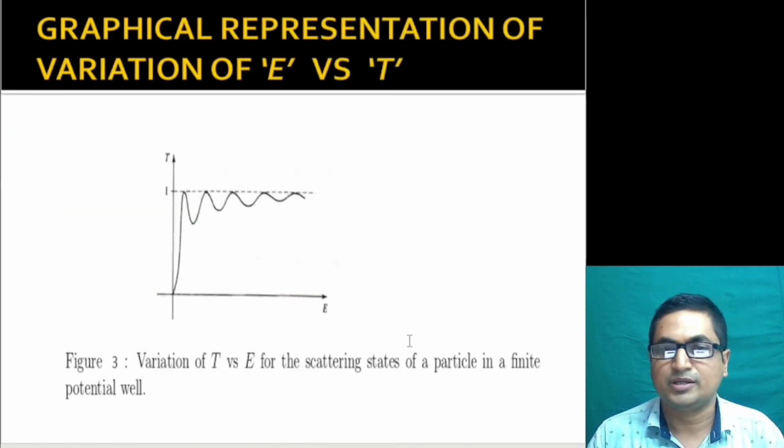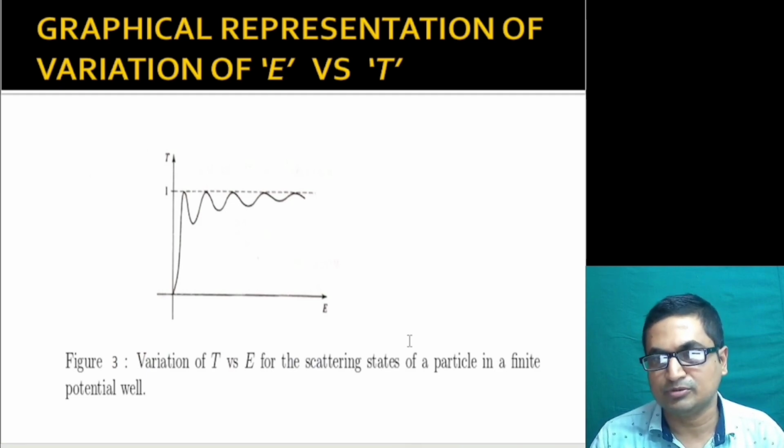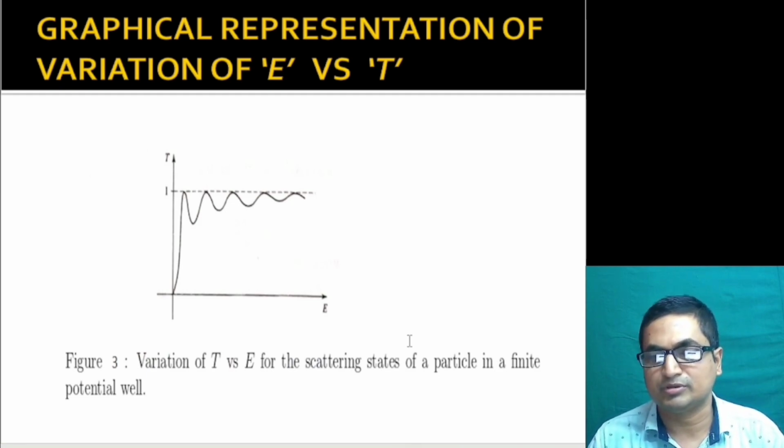So with all this we can conclude that in the case of the finite square potential, we have two cases. One is the bound state, E less than 0, and the other where E greater than 0, that is the scattering state.